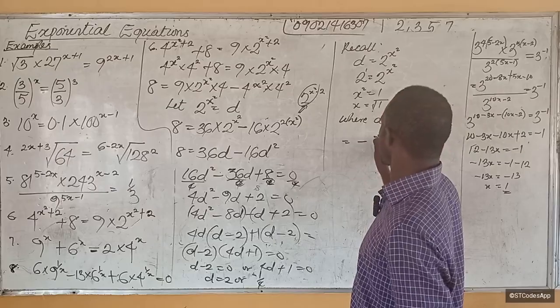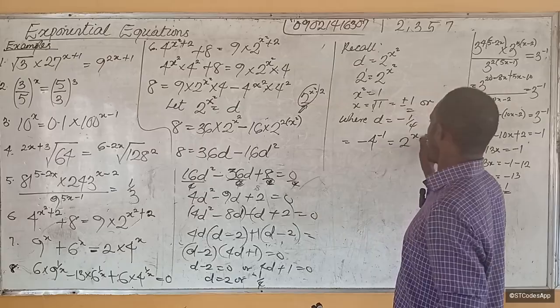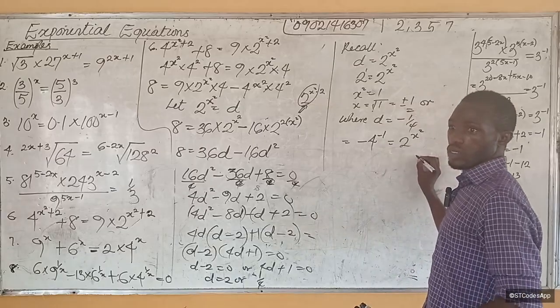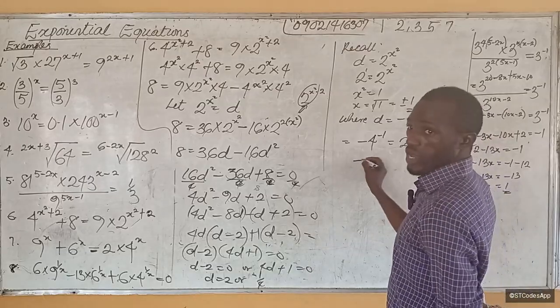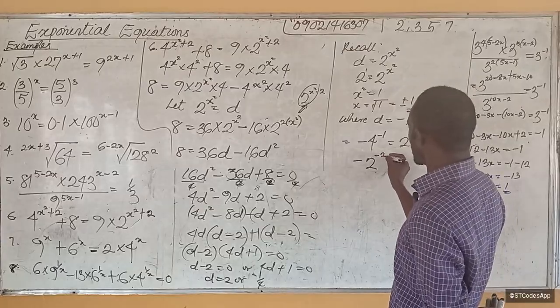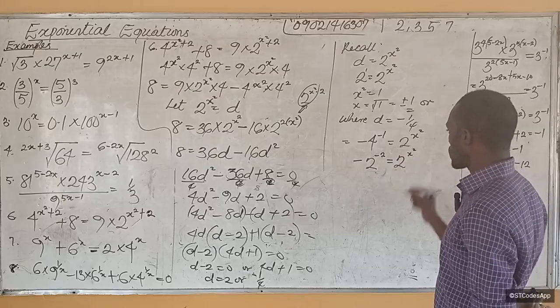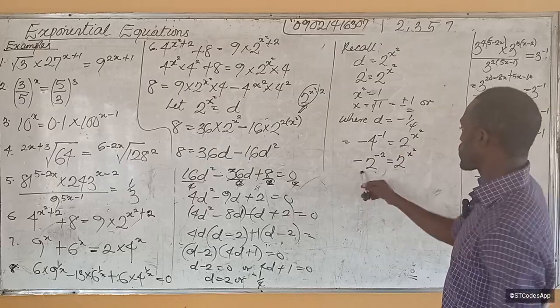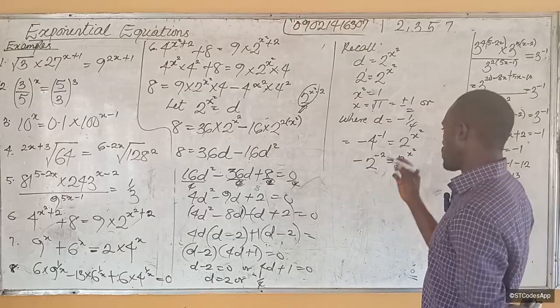So that becomes minus 4 raised to power minus 1 is equal to 2 raised to power x squared. Okay? So it becomes minus 2 raised to power minus 2 is equal to 2 raised to power x squared. Now looking at this, these bases are not the same.